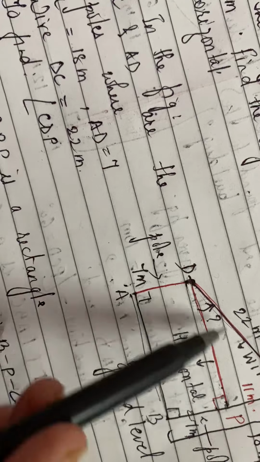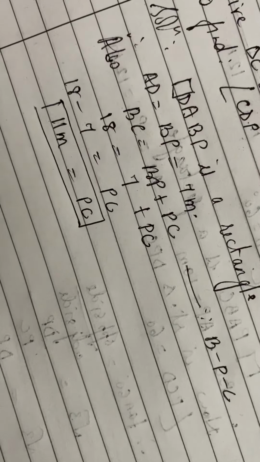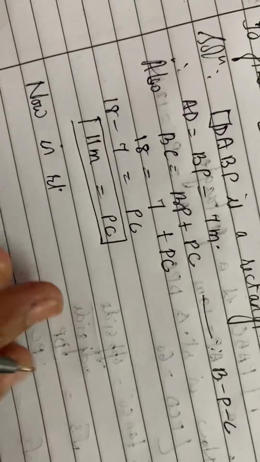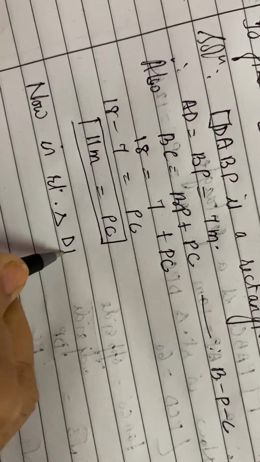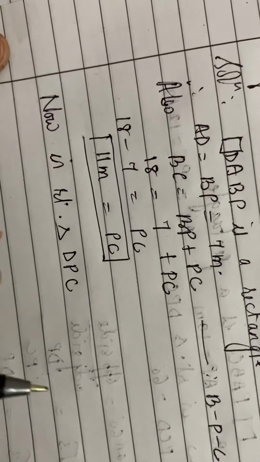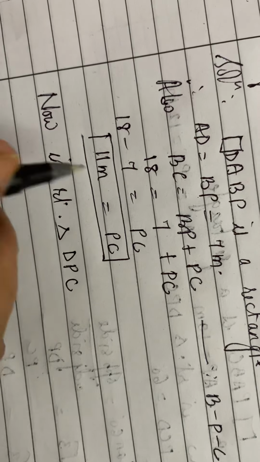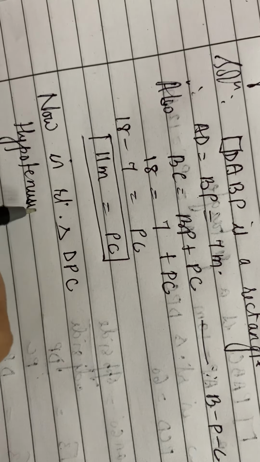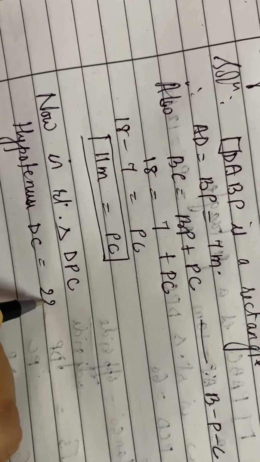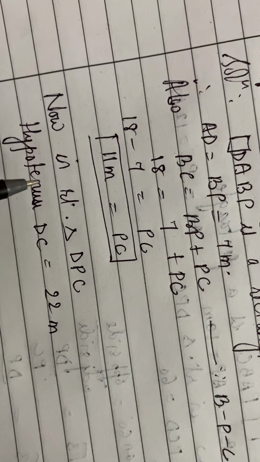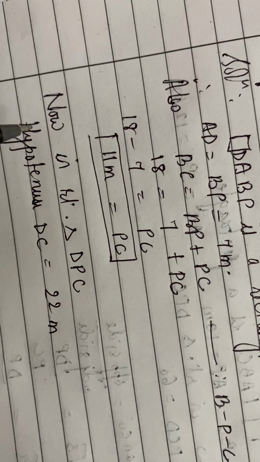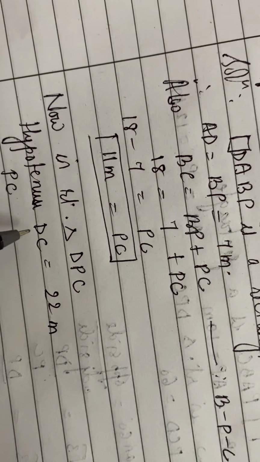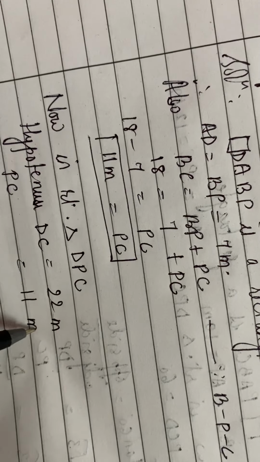Now we come to this right triangle DPC. Now, in right triangle DPC, hypotenuse DC is 22 meter and PC is equal to 11 meter.